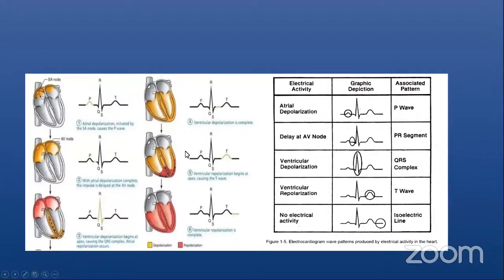When the ventricular depolarization is complete, that is the ST segment, and with the ventricular repolarization, the T wave is generated. So that's what the normal waveforms you will see with the conduction system. Obviously it depends on the underlying condition or the age, so all the complexes will be different, but nearly their shape will be like that.